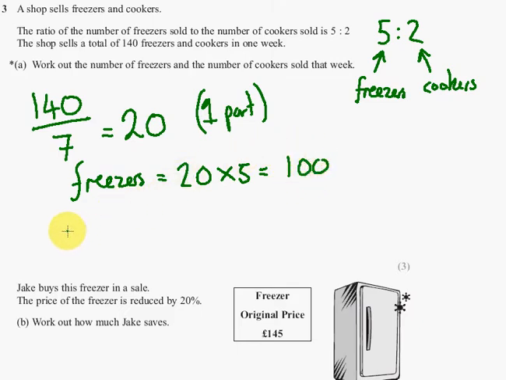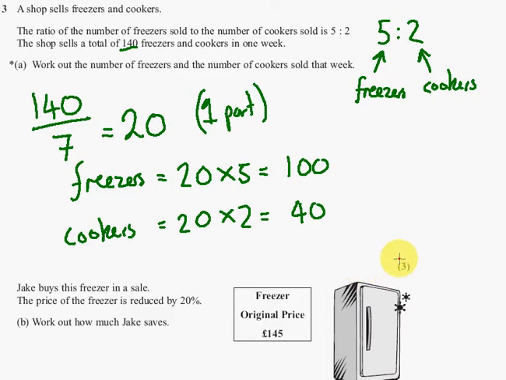And how about cookers? Cookers, it's 20 times how many parts? 2 for cookers. So they sold 40 cookers. Okay, so these two should add up to the total number of items, which it does, 140. So we've done that correctly.